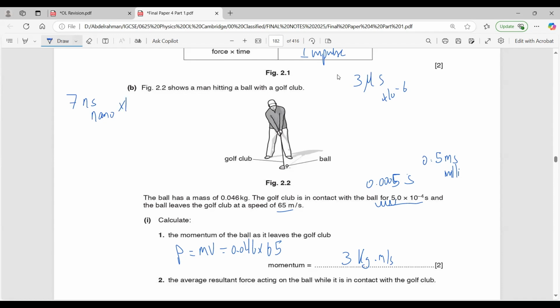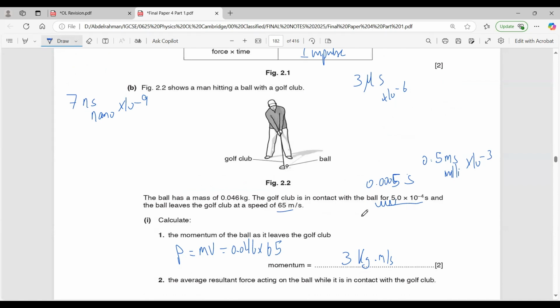Nanoseconds, which is times 10 to the negative 9. There's a very high chance that he would use one of these prefixes in your actual final exam. But for this one, it's 0.5 milliseconds, which is times 10 to the negative 3, so 0.5 times 10 to the negative 3, which is again 5 times 10 to the negative 4.